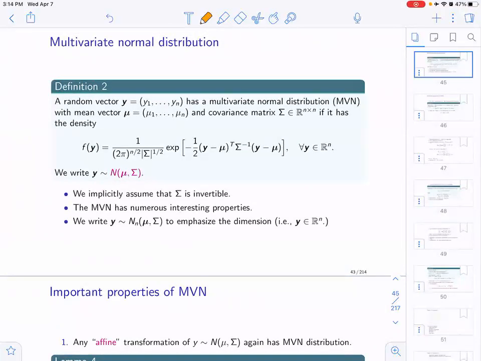Does anyone remember what a PDF is? That's one of the ways you can specify a distribution: you can specify the probability density function. So what is a probability density function?